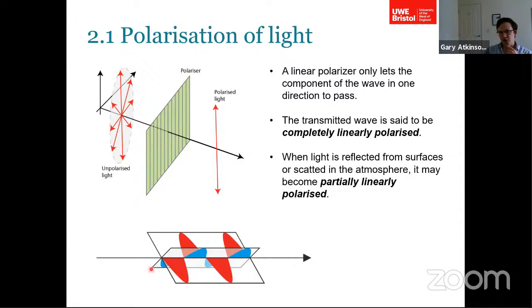And then at 90 degrees to that, we have a component which is the minimum value. So this is a partially linearly polarized case. My aim over the last years has been to exploit this phenomenon, the fact that when light is reflected from a surface, it will become partially polarized. How can we measure that, and what information can we garner from that about the surface?